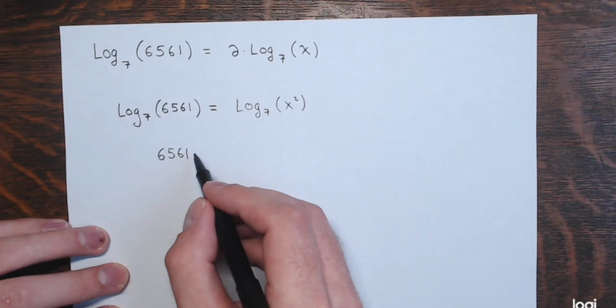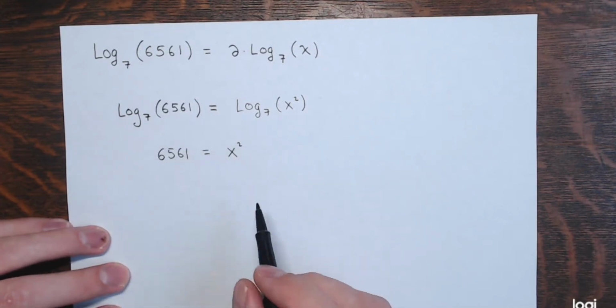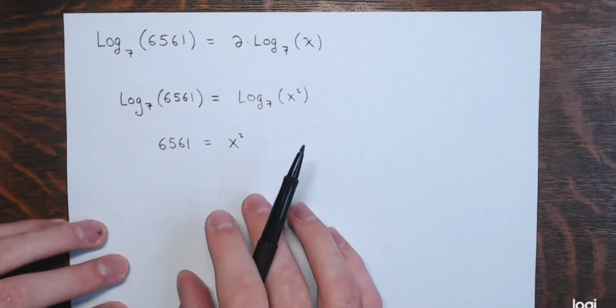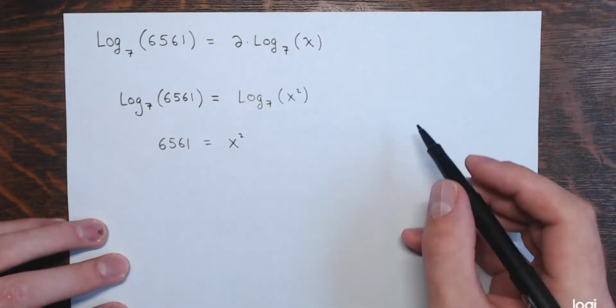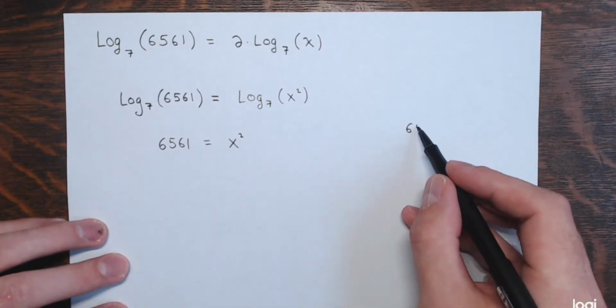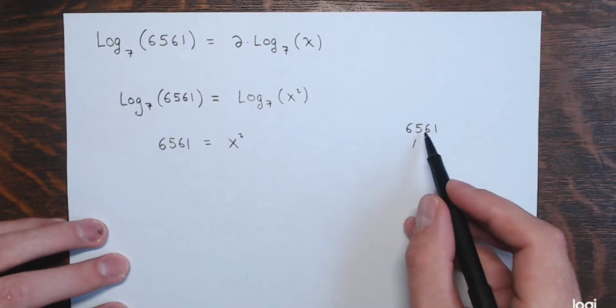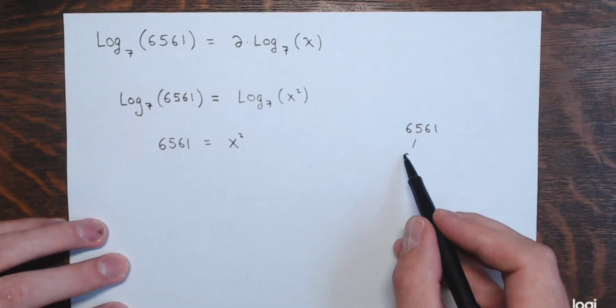6,561 equals x squared. So this should have two solutions, one positive and one negative, but then we're going to check them, don't forget. Now I could use a calculator, but I'm going to go off to the side and factor this myself. Now I can tell you the sum of the digits is 18, so I know 9 goes into it evenly.